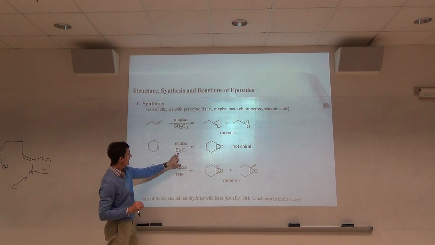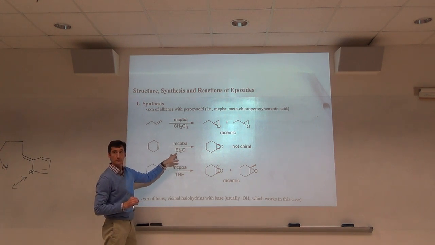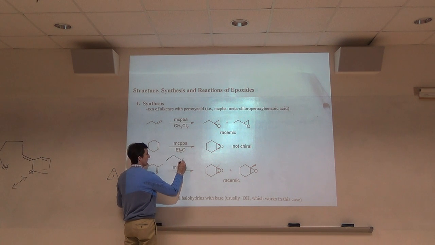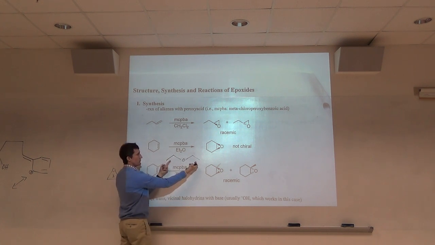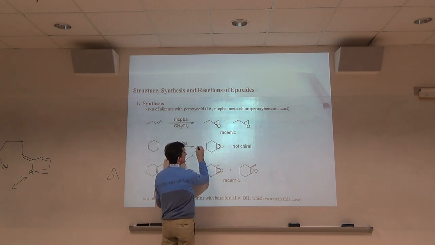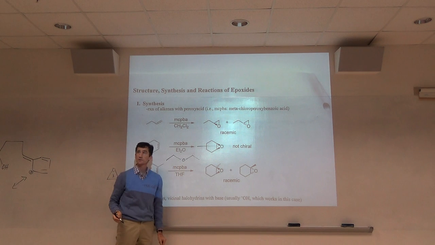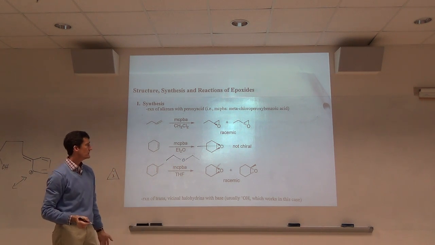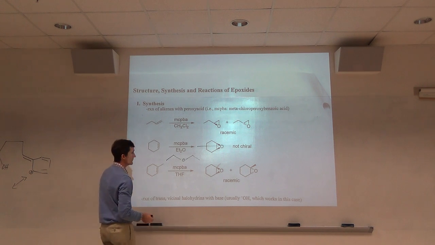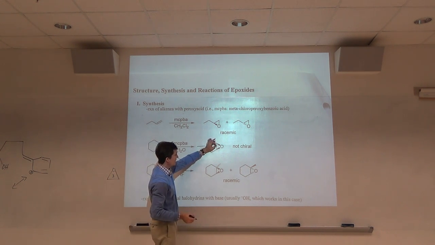Here, MCPBA, diethyl ether. That's an abbreviation for diethyl ether, right? It's an oxygen with two ethyls. We get this. Now this is not chiral. Why? Nice plane of symmetry. And so you wouldn't say that's racemic. I could draw those bold or dashed.